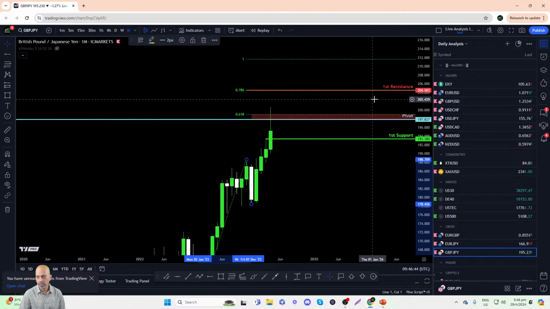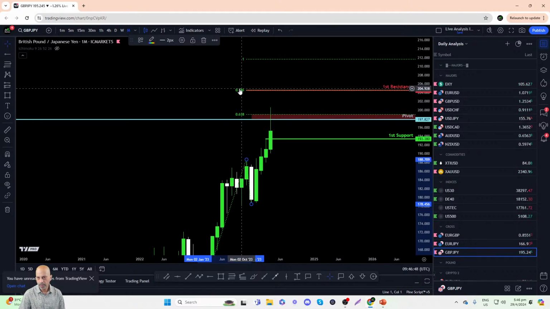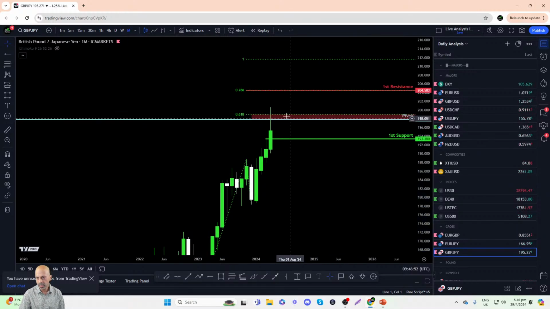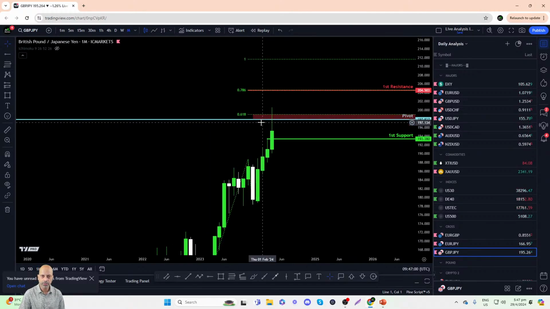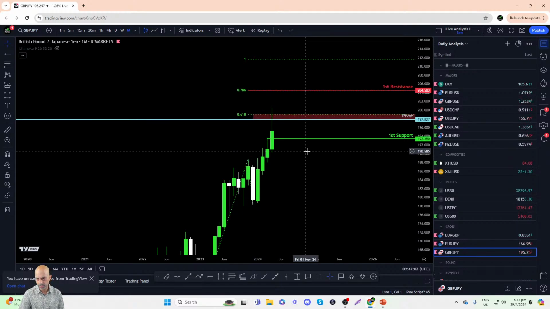So first resistance has been identified at 204.50, which is a level identified by the 78.6% Fibonacci projection. And the pivot point is another major resistance area that has been identified by the overlap resistance at 197.82, as well as the Fibonacci projection at 61.8%.